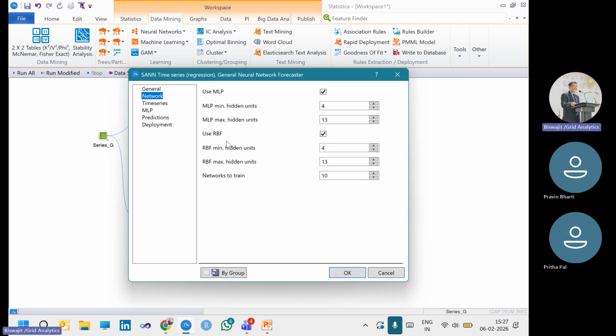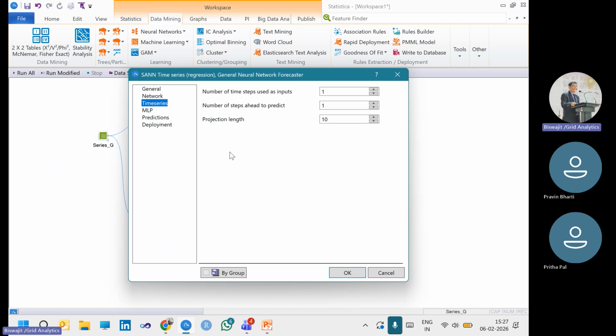That is another type of popular network, which stands for radial basis function. Time series: here I can define my specification, the number of time steps used as input. We have 144, so we can define any inputs here. Number of steps ahead to predict, the projection length: I put 12 here.